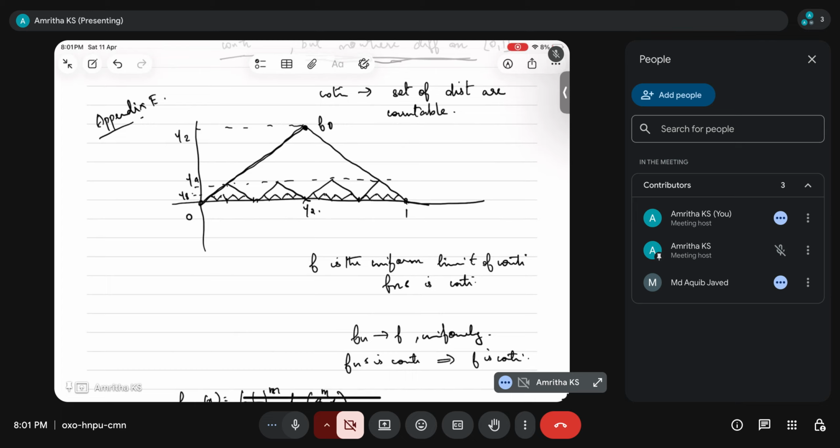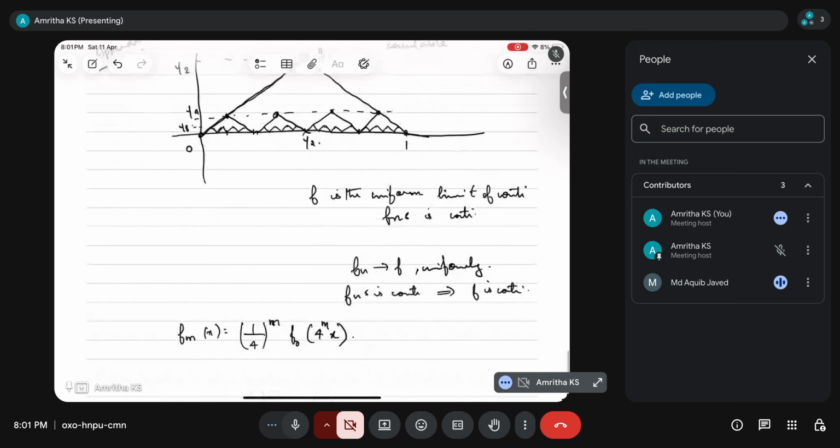Now these points are not differentiable here either, at 1/4, 2/4, 3/4. This kind of thing.